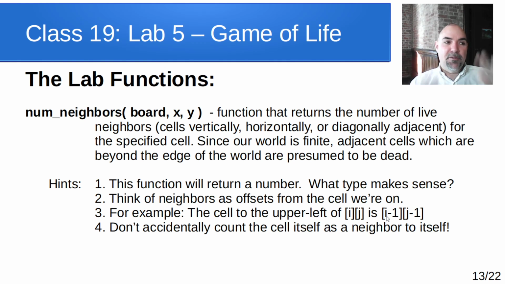Also, if you're not dealing with the columns correctly and you go off of one of those, since it's contiguous in memory, it'll wrap around to the other side. So make sure you handle that case where you're not going outside of the bounds of 0 to the number of rows minus 1, 0 to the number of columns minus 1. Make sure you don't leave that space. And make sure you don't count the cell as a neighbor to itself.